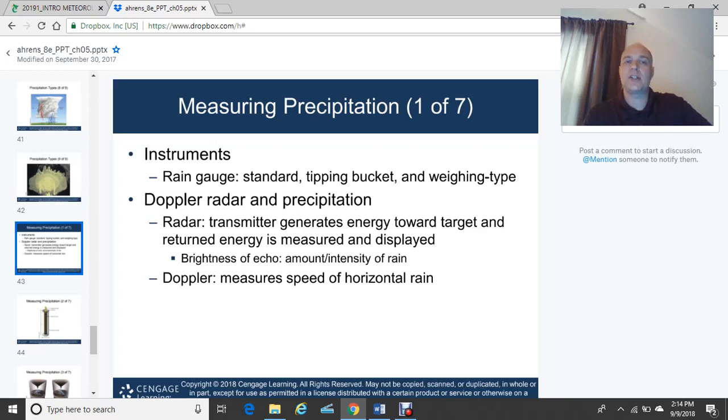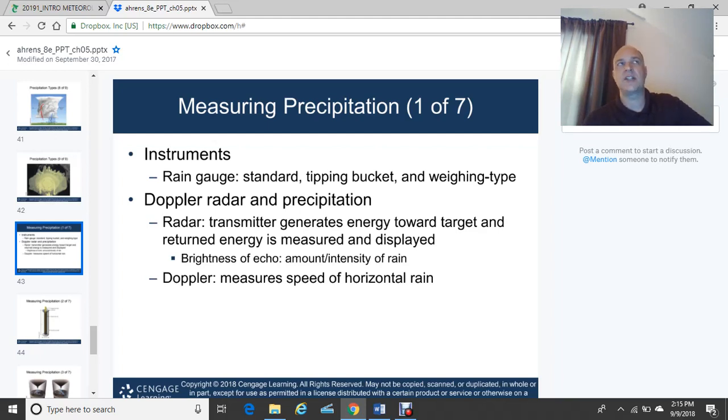Also, we can measure precip through the use of Doppler radar. The radar transmits energy towards a target, and then the return energy is measured and displayed on a colorful diagram, which you see typically on your evening TV weather on the news. The brightness of the echo is correlated with the amount and intensity of rain falling.